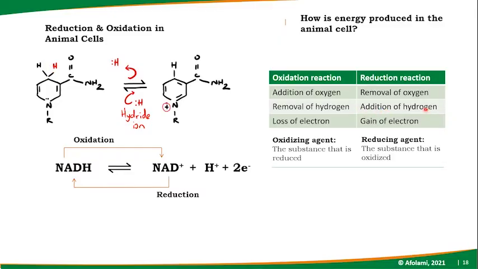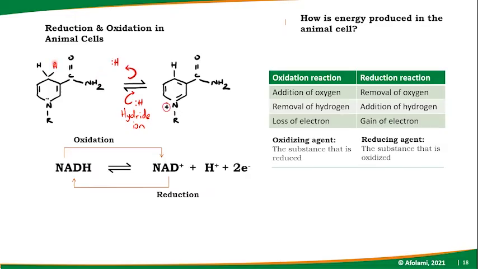Addition of hydrogen, reduction. So we can say that NAD plus is reduced to NADH. Meanwhile, NADH is oxidized to NAD plus. So in the process of reduction, hydrogen is added in the form of a hydride, and in the process of oxidation, hydrogen is lost.